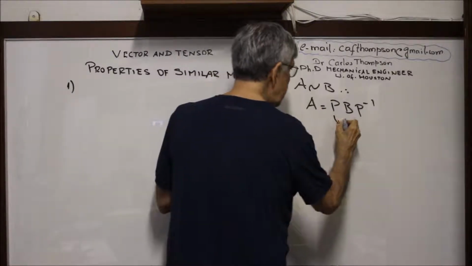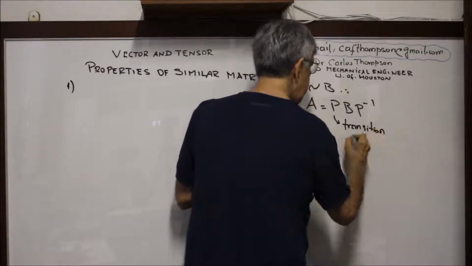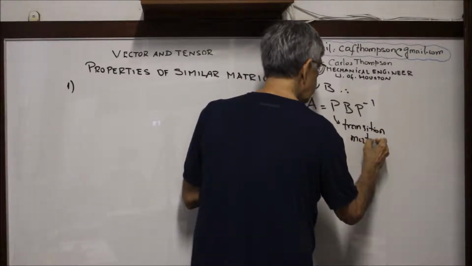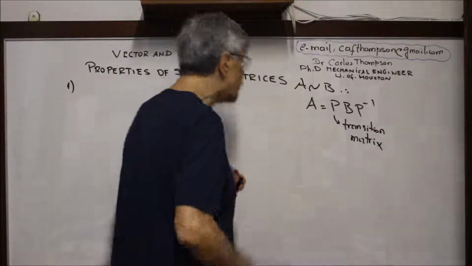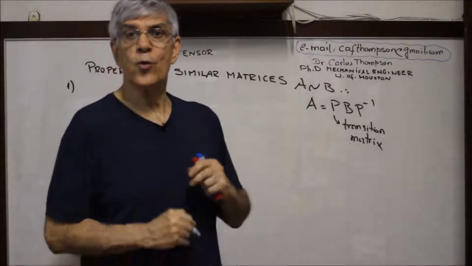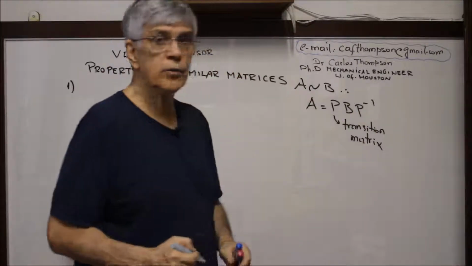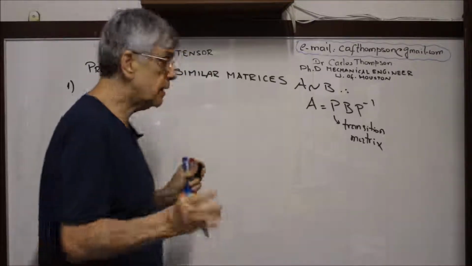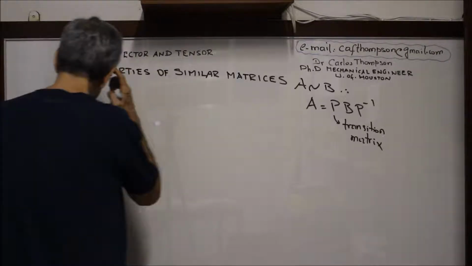Don't forget, P is the transition matrix. P minus 1 is the inverse. So when we work with the orthonormal system, P minus 1 will be P transpose. But this is a particular case. This is general.